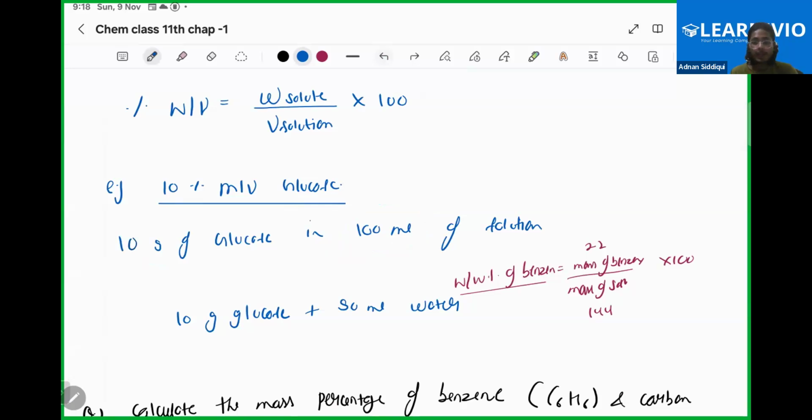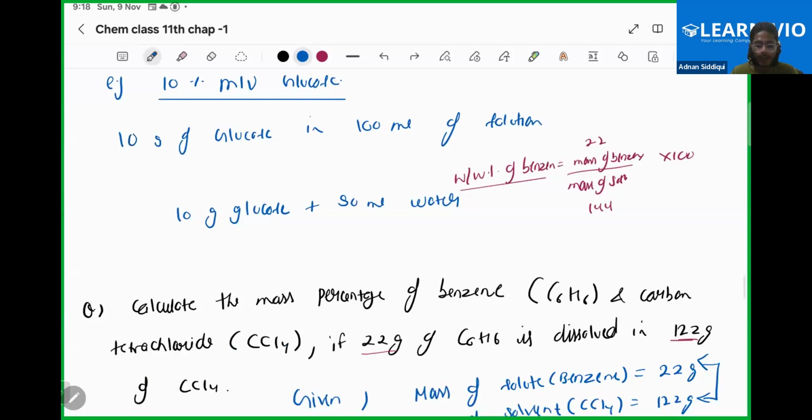Again, I cannot predict the exact amount of solvent, because whenever you have to add two things, the units of those two species should be the same. You can only add gram to gram, ml to ml, right?